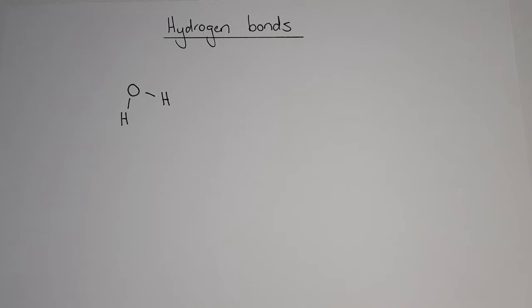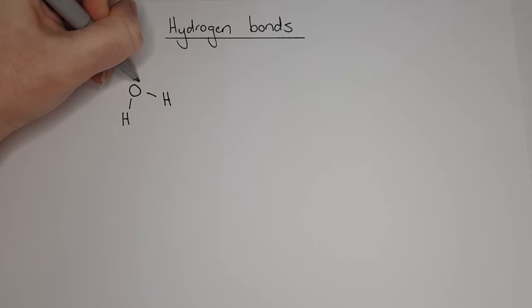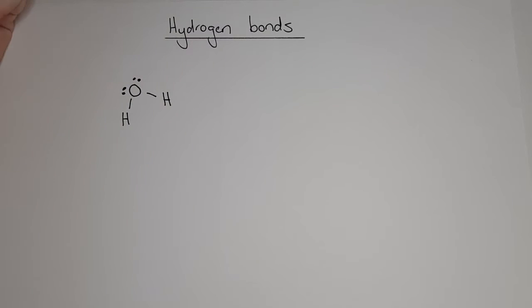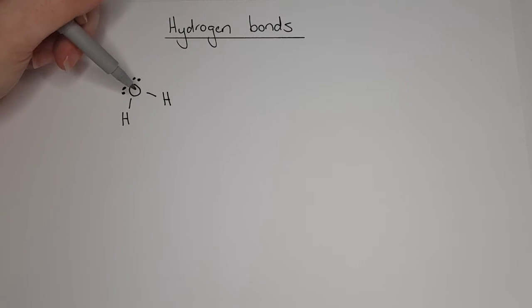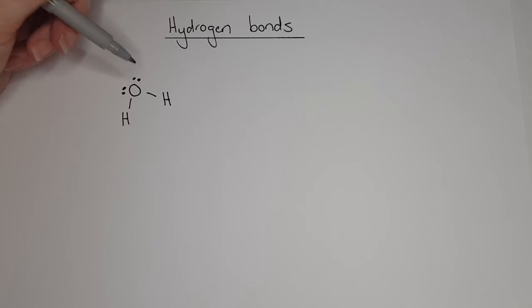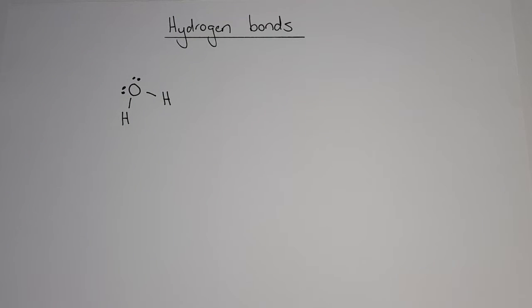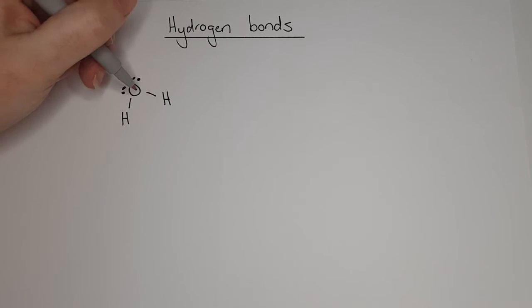But what a hydrogen bond actually is: whenever I have something like oxygen or nitrogen, it has lone pairs of electrons. And when it's joined with hydrogen, the oxygen with the lone pairs can pull the electrons away from hydrogen.